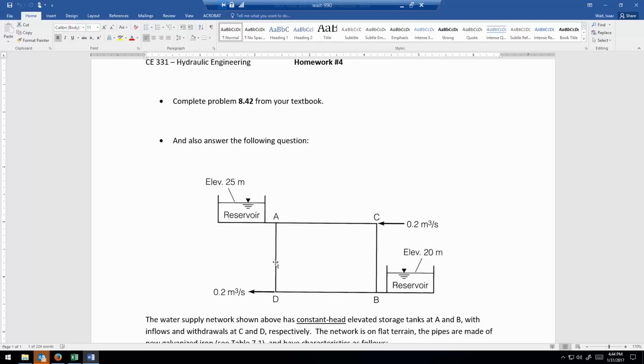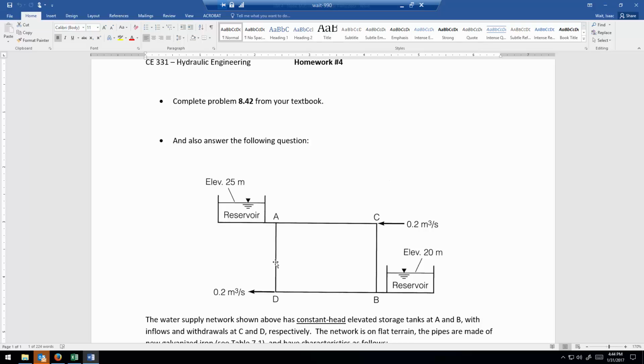And then we also know that head at C is 20 plus some R value times QBC squared.